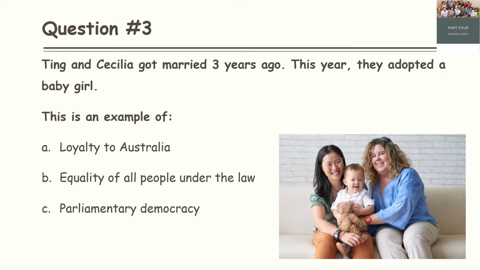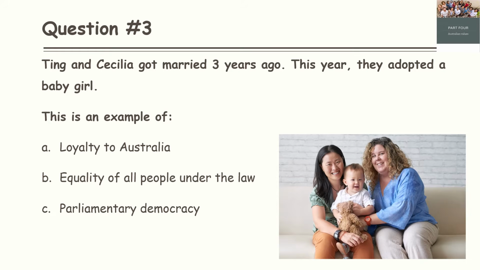Question 3. Ting and Cecilia got married 3 years ago. This year they adopted a baby girl. Under Australian law, 2 people can marry each other, including marriage between 2 men or 2 women. Same-sex couples in Australia have legal equality with heterosexual couples, including the right to marry, adopt children, and access joint parenting rights.